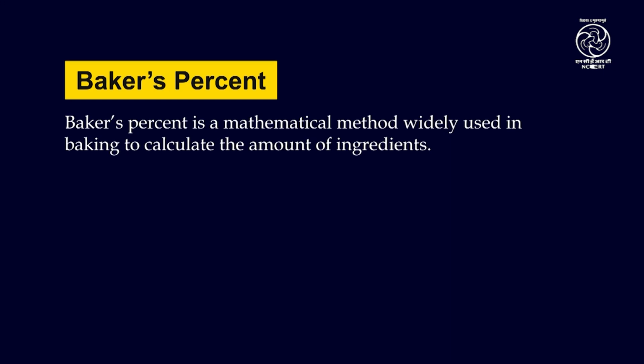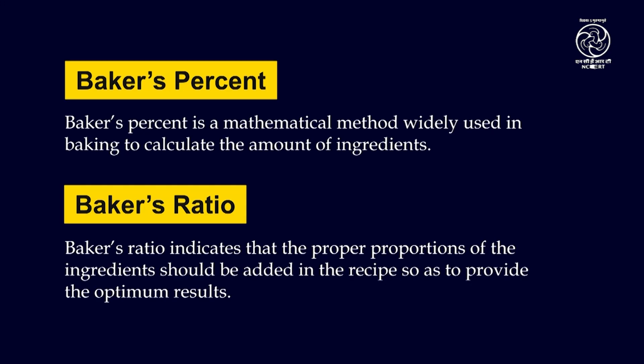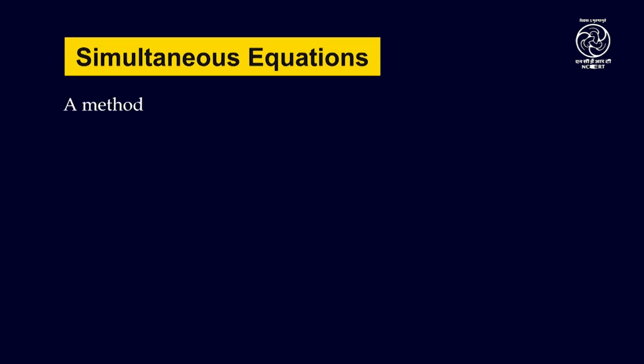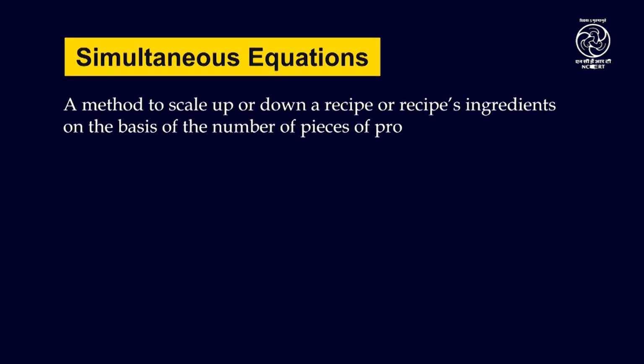Baker's percent is a mathematical method widely used in baking to calculate the amount of ingredients. Baker's ratio indicates the proper proportions of the ingredients that should be added in the recipe so as to provide the optimum results. Simultaneous equation is a method to scale up or down a recipe or recipe's ingredients on the basis of the number of pieces of product to be produced.